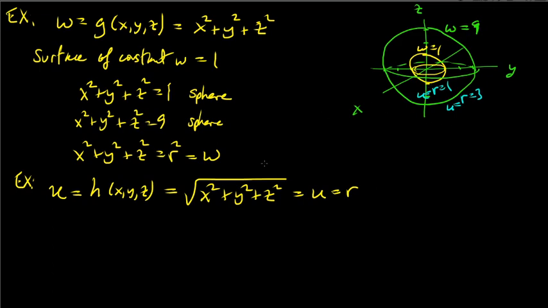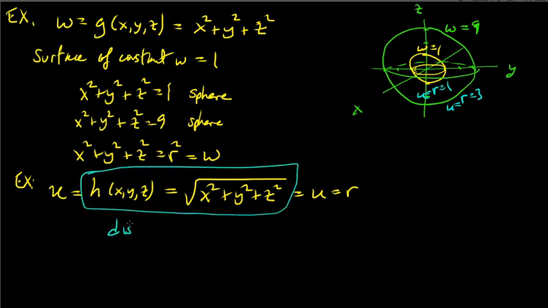Okay. So you can think of this function here as just the distance from the origin. This is the distance from 0, 0, 0. And it's positive. You can't get a negative value of h. The radius has to be positive, or at least non-negative. Of course, it's 0 at the origin, but then everywhere else it's positive.